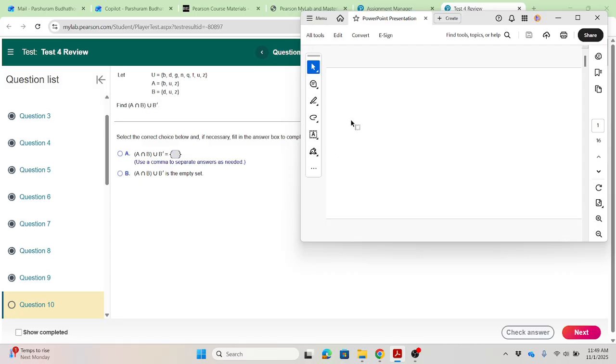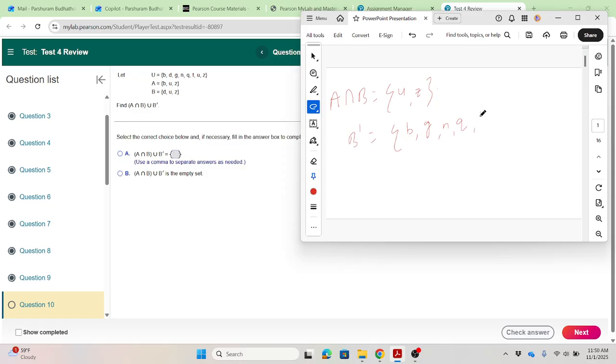So let's see here. Let's find out A intersection B, which means common between A and B, which is U and Z, and then B prime means everything outside B, which is everything except D, U and Z. So that means B, that means Z, that means N, Q and T. U and Z are part of B, and D is also part of B. Now the union of these two is everything from here, everything from here.